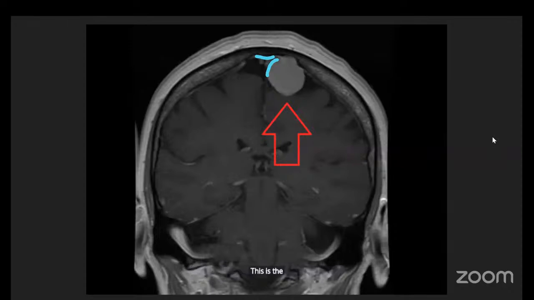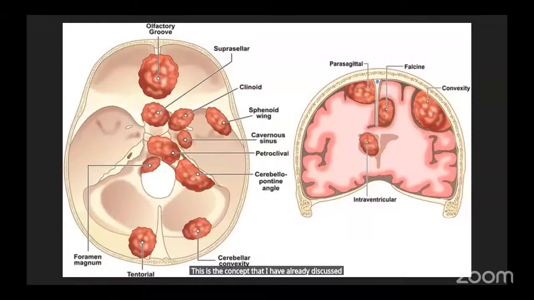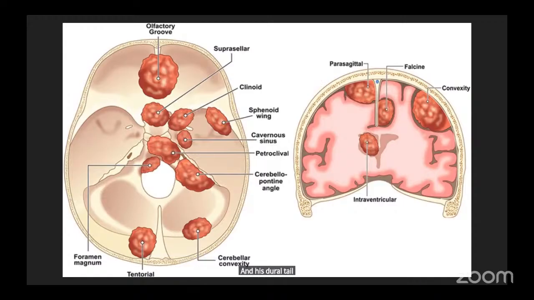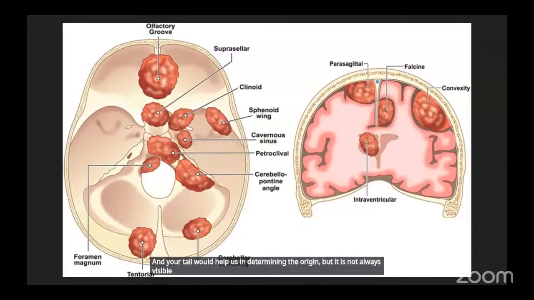This is the concept that I have already discussed, but let's go over it briefly. You know where the falx meningioma is going to be, you know where the convexity meningioma is going to be, and you know where the parasagittal meningioma is going to be. And yes, dural tail would help us in determining the origin, but it is not always visible and it is not always specific either.